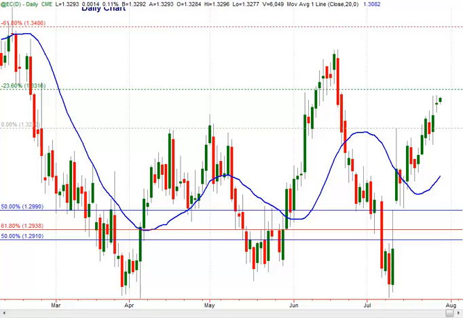This support and long entry area is targeting the 133.10, and that's where I believe we are going to see price at the beginning of the week.